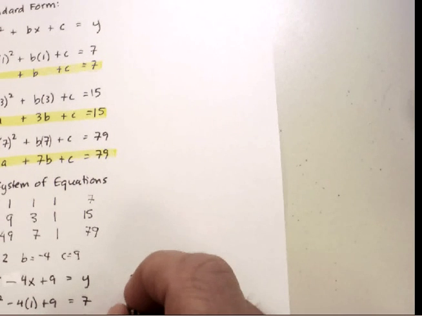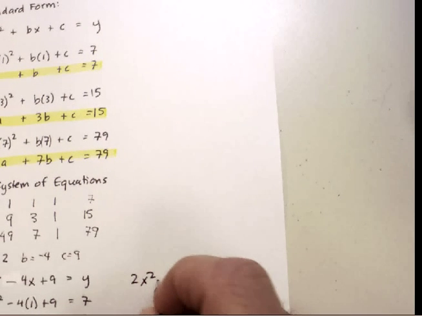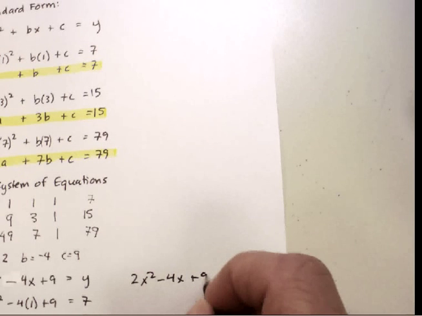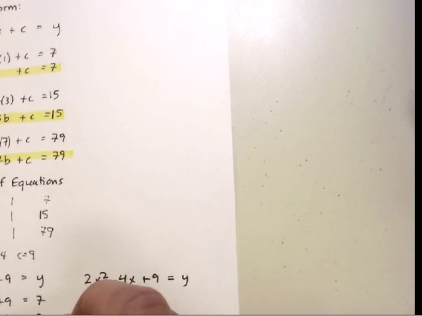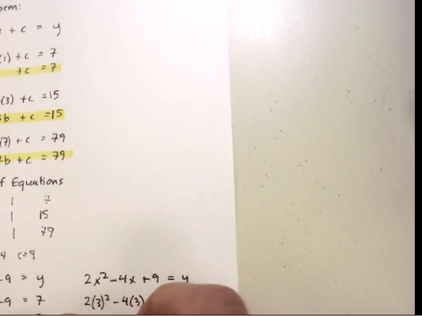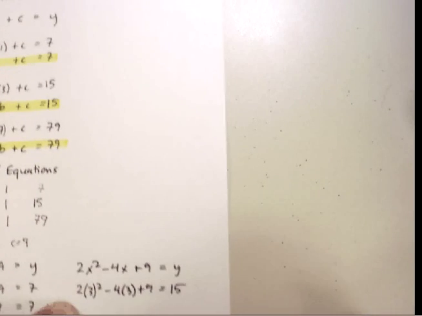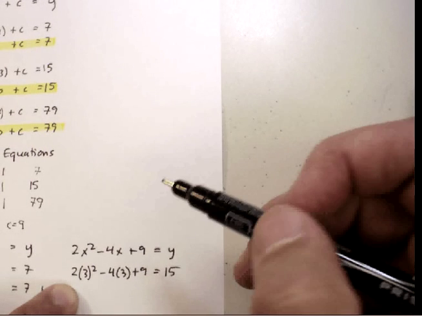Let's just do it quickly. Yes, again, 2x squared minus 4x plus 9 is equal to y. Let's just try it with a 3. 2 times 3 squared minus 4 times 3 plus 9 should be equal to 15, not 5, like I did during the problem.